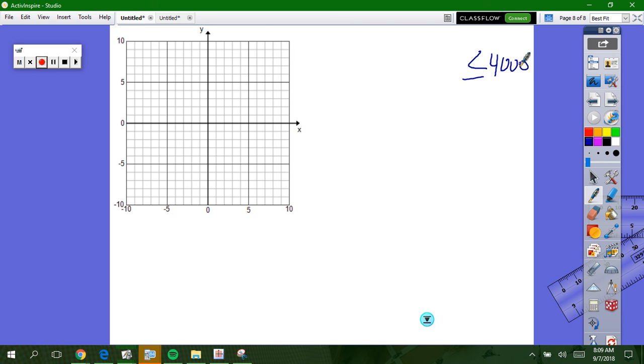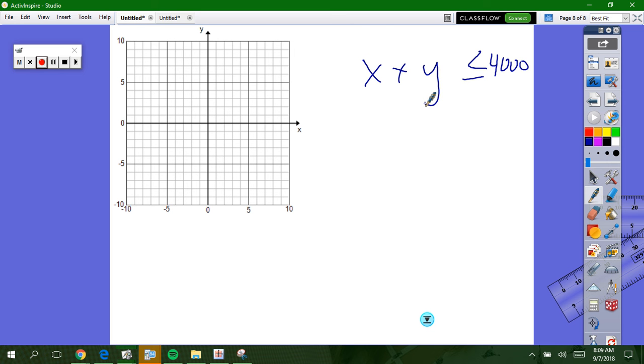First off, that's always what I like to start at. Now, what two types of things have to add to be that $4,000? We have two different kinds of investments, didn't we? Which was X, which represented 6%, and Y, which represented 8%. So if I add the 6% plus the 8% together, we know it has to be less than or equal to 4,000. Agreed?